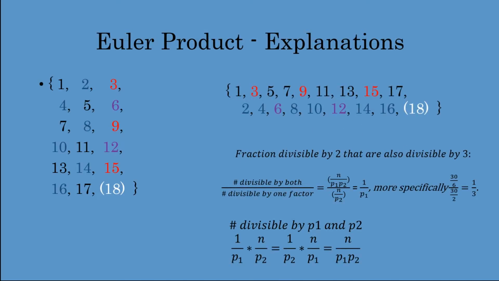And there are different ways of explaining this. But I'm fairly sure, correct me if I'm wrong, a valid way of thinking about it is to say that the ratio of numbers divisible by both factors, or multiple factors, to the number divisible by just one factor is equal, especially in this particular case, to 1 over that additional prime factor.